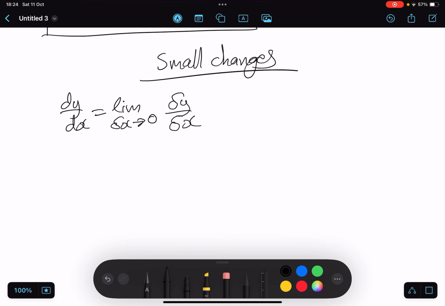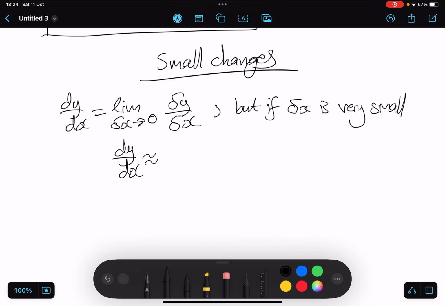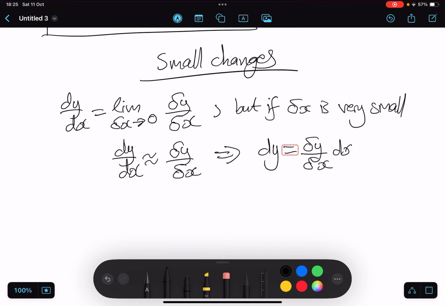But if delta x is very small, dy dx is approximately delta y over delta x. This can be written as dy equals delta y over delta x dx. I just move the dx to the other side.